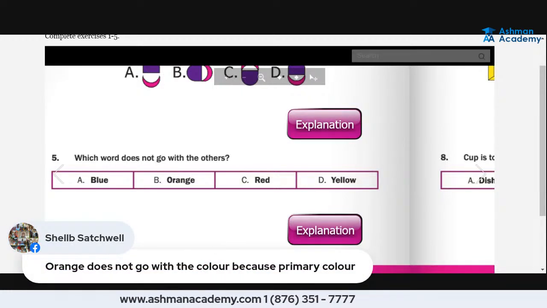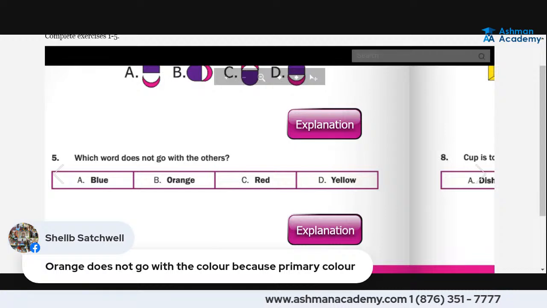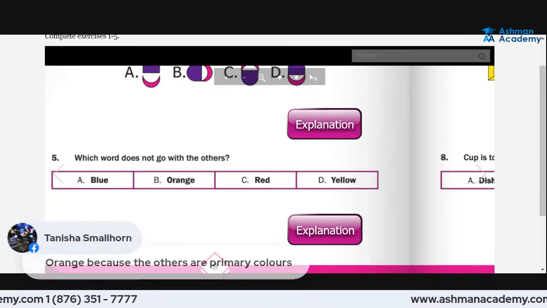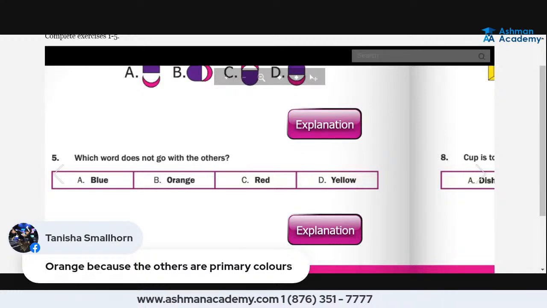Shirley, I understand what you're saying, but you want to say that a little bit better. Come on, we want you to give us proper sentences, or give me a proper sentence. Yeah, Tanisha is saying orange because the others are primary colors. Yeah, that's good, guys.